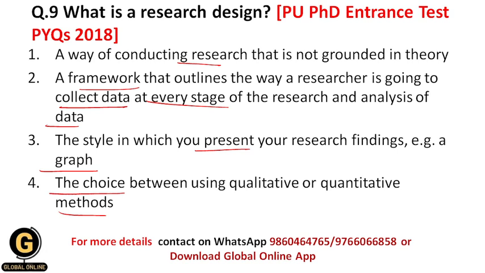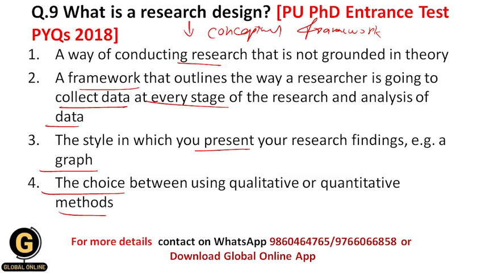Okay, so students, research design is nothing but a conceptual framework. Okay, it means that this is the outline of your overall research process. So research design is going to give you the idea exactly what type of research methods you are going to use in your whole research process.